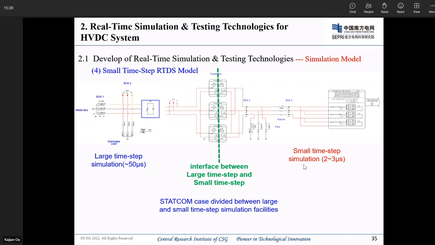But for VSC HVDC or MMC converter, it uses the small timestep simulation, which is 2 to 3 microseconds for MMC simulation. The small timestep and large timestep have an interface here, so they can connect together in the same model. So this is the RTDS small timestep model.